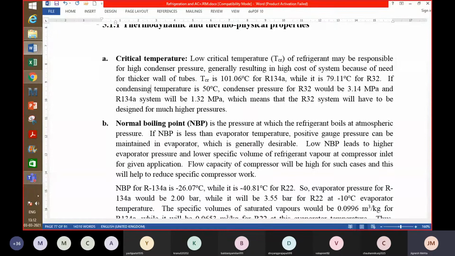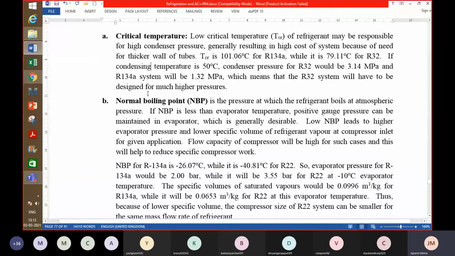In an R134A system, the pressure will be just 13.2 bar, right? Which means that an R32 system will have to be designed for much higher pressures. So this is how the critical temperature of a substance affects certain decision making in which refrigerant to use in which systems.